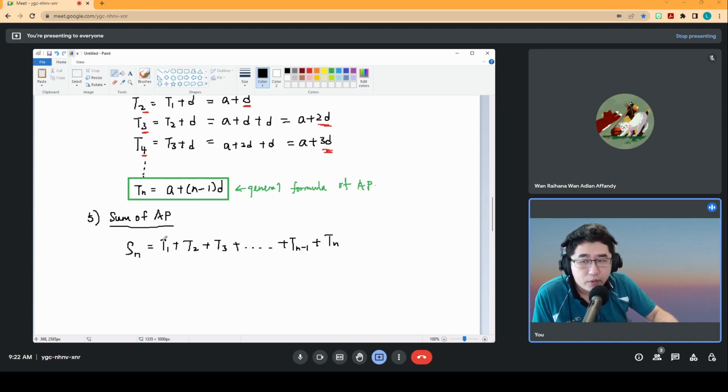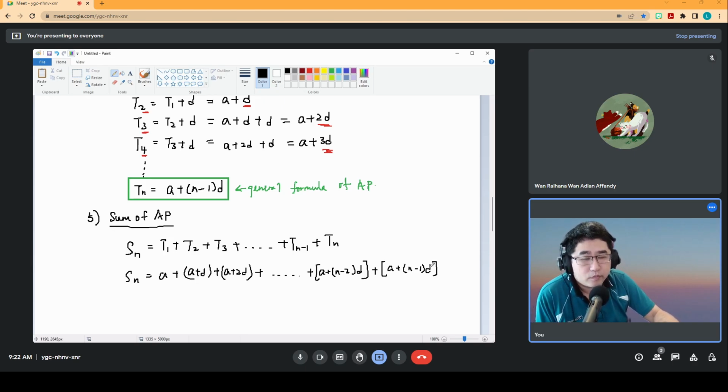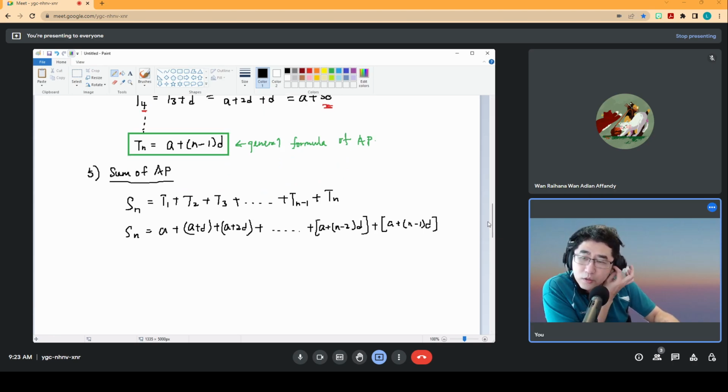According to what we have above, in the Sn, the first term is A. The second is A plus D. The third one is A plus 2D. If we follow the form, we realize that Tn minus 1 is A plus (n minus 2)D, and Tn is A plus (n minus 1)D. Let's observe how we can actually sum this.